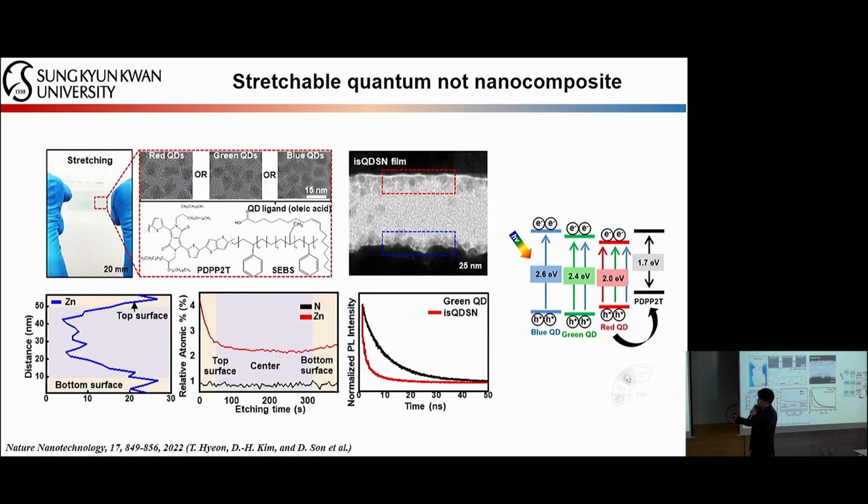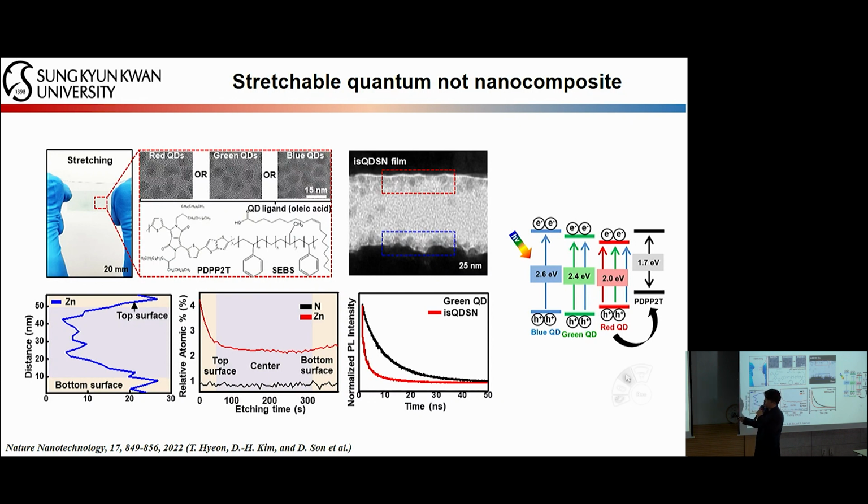We collaborated with Professor Donghee and Professor Hyun. This is the stretchable quantum dot network composite that consists of three types of size-tunable quantum dots, the organic semiconductor PDPP2T, and the viscoelastic substrate SEBS.